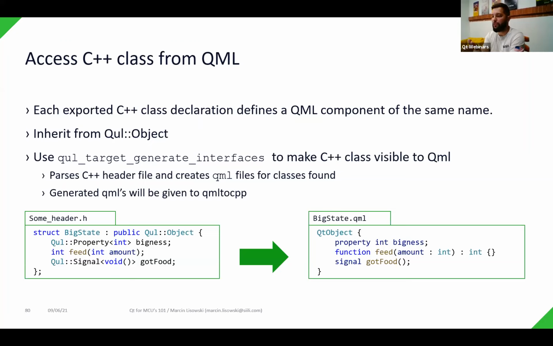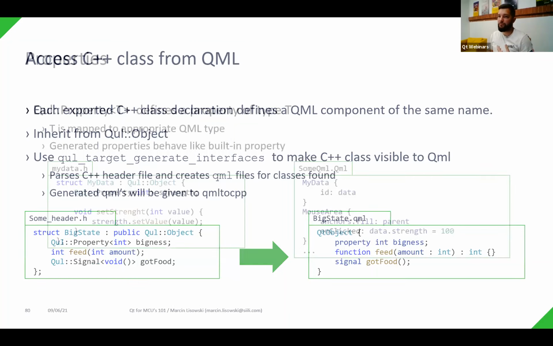So as you're looking at the example here, this struct BigState with some properties, signals, and the function will be translated to the QML file BigState.qml, which contains the QtObject with a property of the same type and the same name, with the function of the same declaration, and the signal with the same name and the type of the function that is going to be used there. And that's simply how it works.